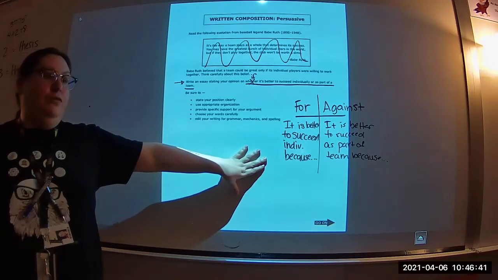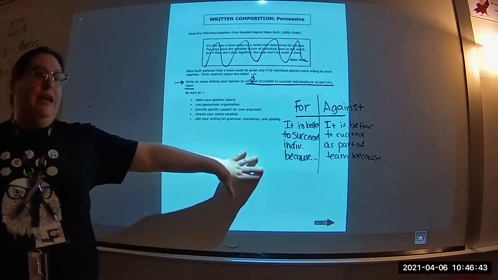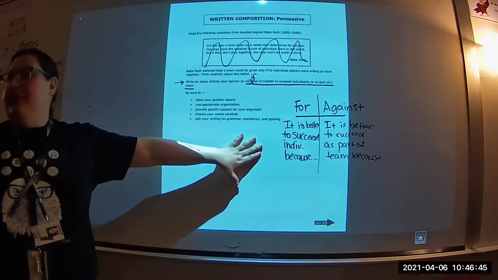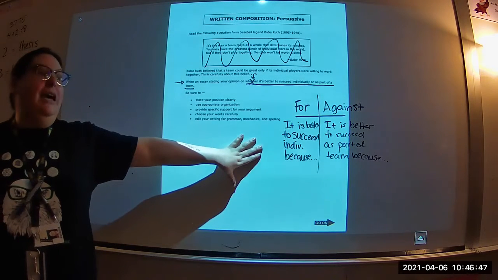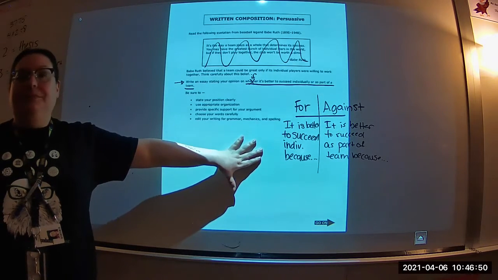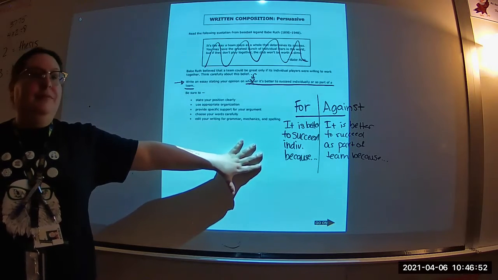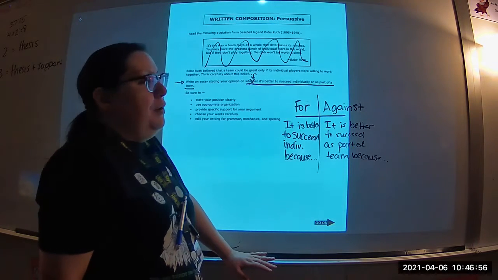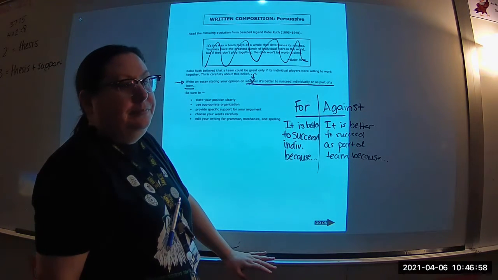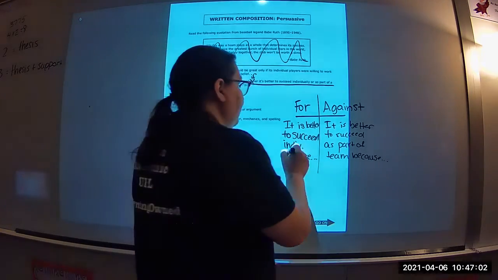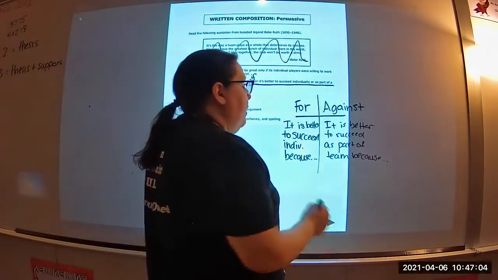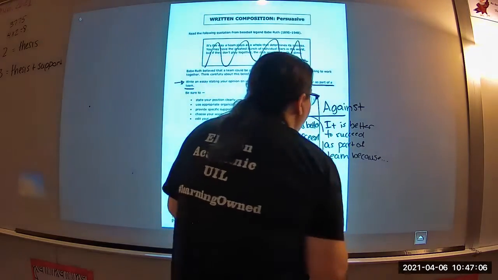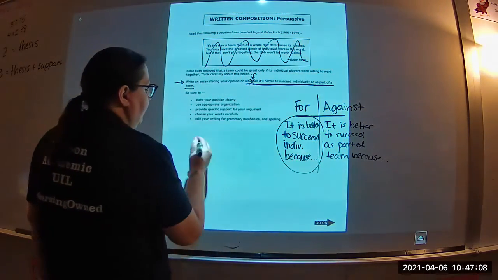How many of you say individually? How many of you say as a team? Okay. It is better to succeed individually or as part of a team. Individually. Okay, so a lot of y'all say individually. Just for these purposes, that's what we're gonna go with.